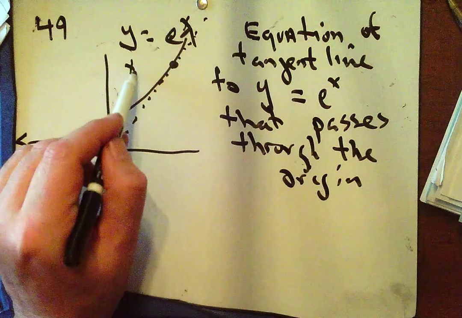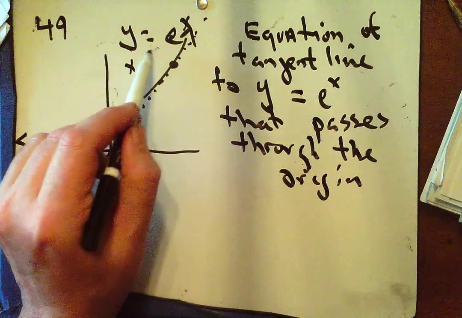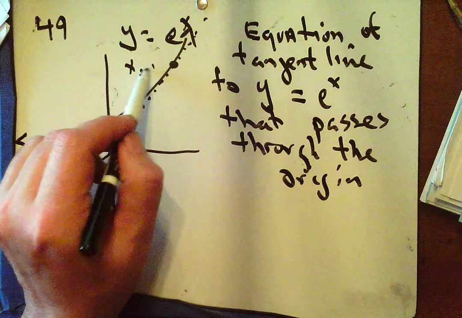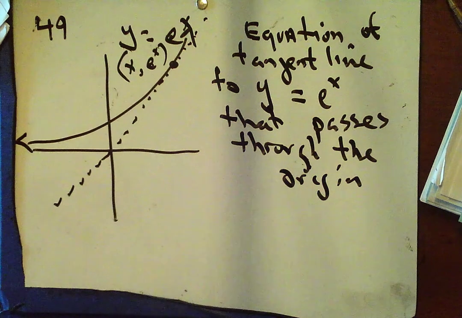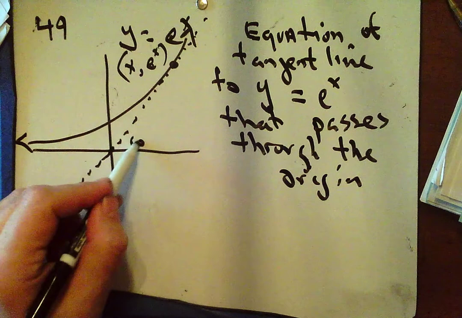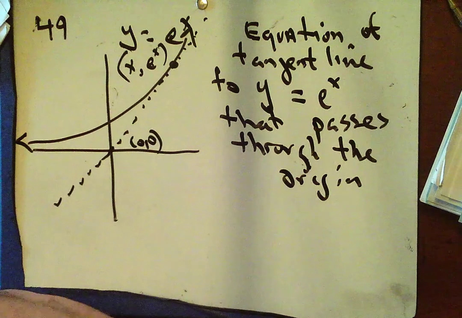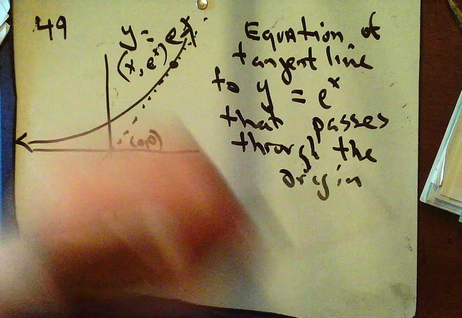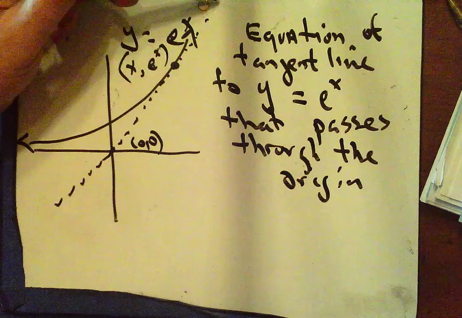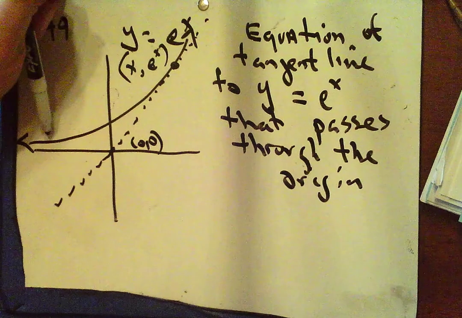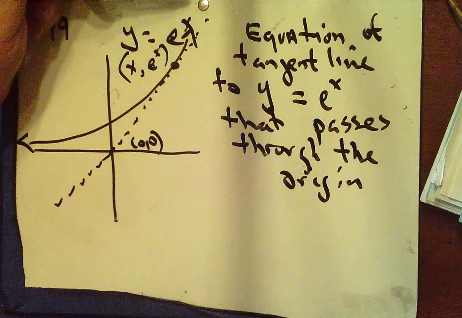So I'm going to call this point x, comma, e to the x. And of course, we know that the origin is 0, 0. What did we say would be true about the slopes at this point on the tangent line and on the curve?